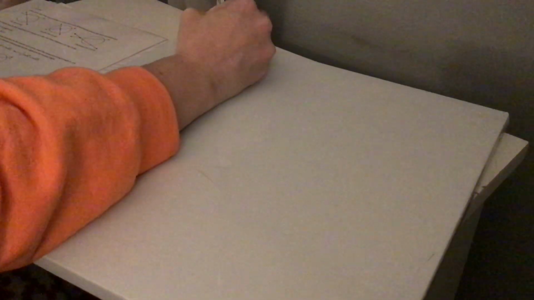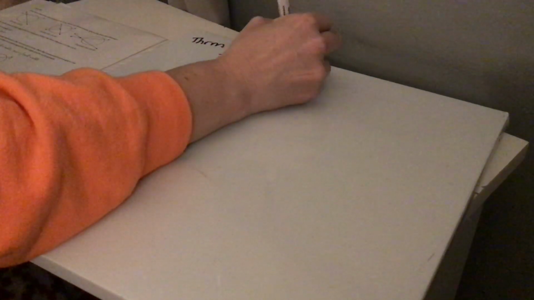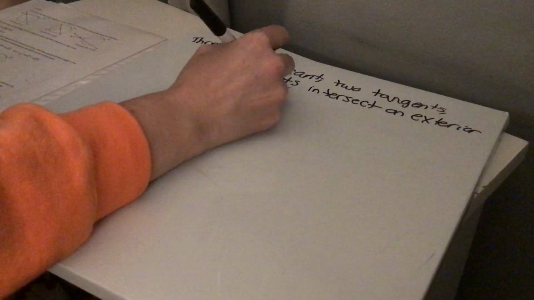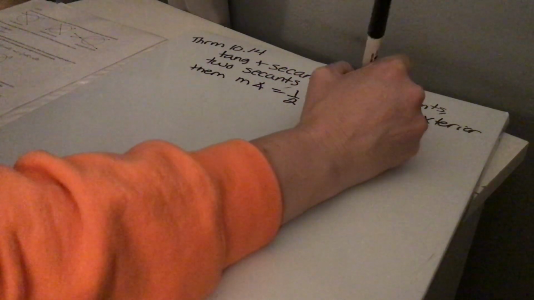So when you have a tangent and a secant, two tangents, or two secants that intersect outside, so they intersect on the exterior, then the measure of the angle is 1/2 the difference of the measures of the intercepted arcs.